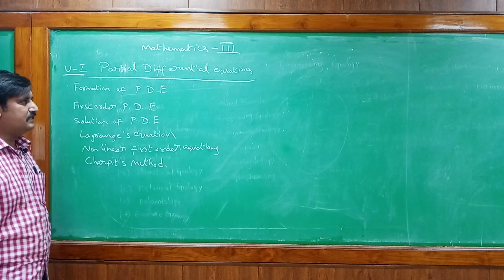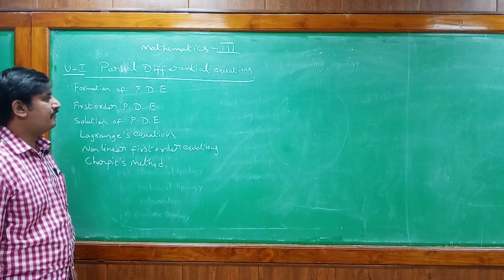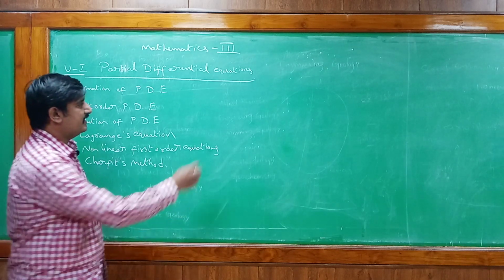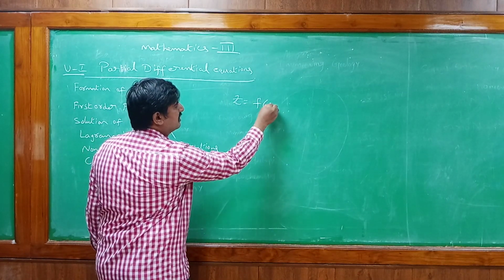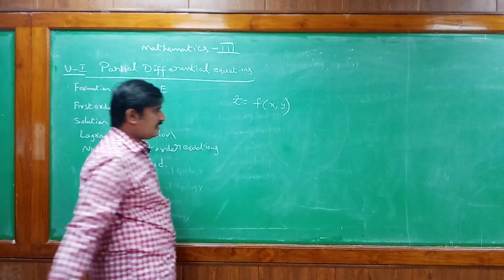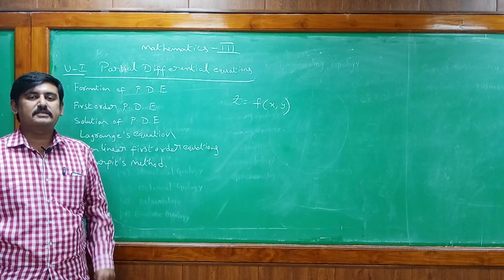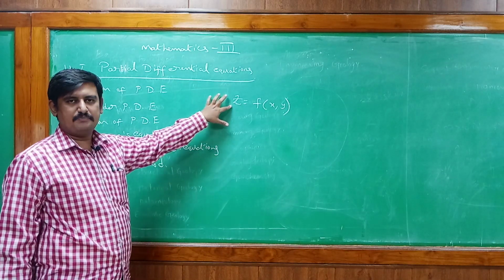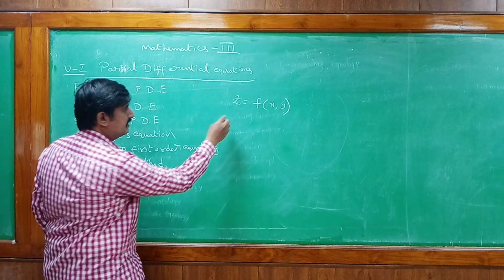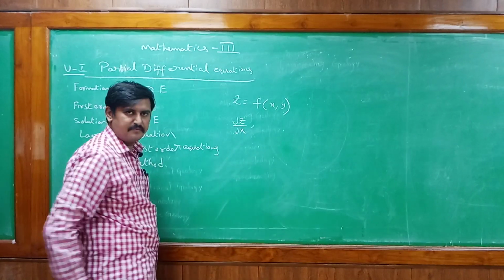Now we will see one small example. Suppose I take a function z, a function in terms of x, y. If I differentiate z with respect to x partially, what do I get? I get dou z by dou x.